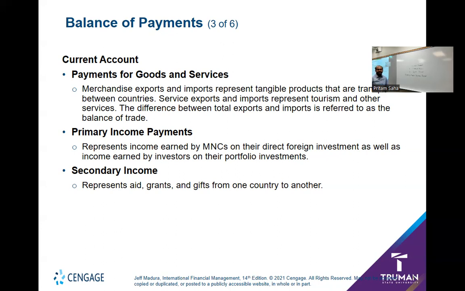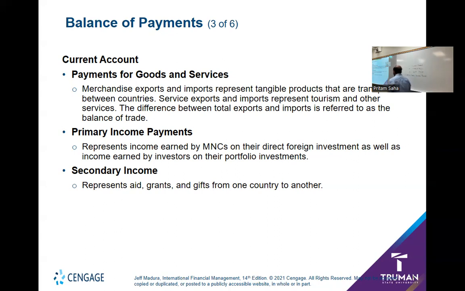Is it bad? It's good. Why? You're exporting more, you have more inflows than outflows, right? So balance of trade is a really, really good indicator for an economy. It's trying to say how much you're earning from outside. If it's positive, it's good for you.